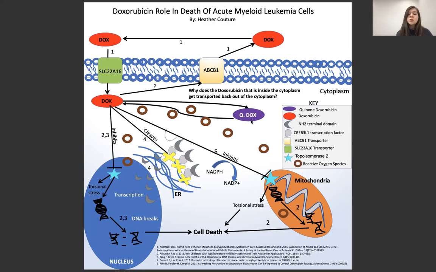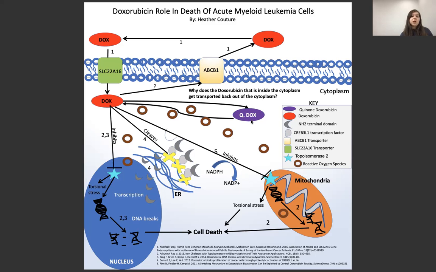An issue is, in one of the papers, it discussed how some dox may exit through another transporter called the ABCB1 transporter. And this will basically bring it out of the cytoplasm.